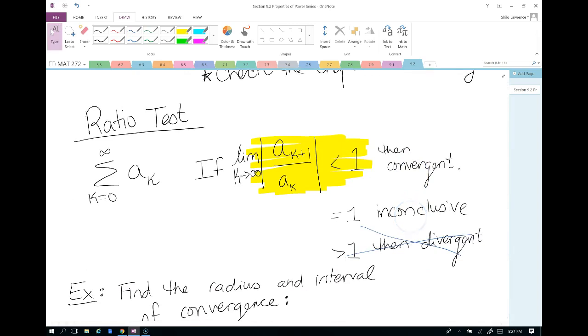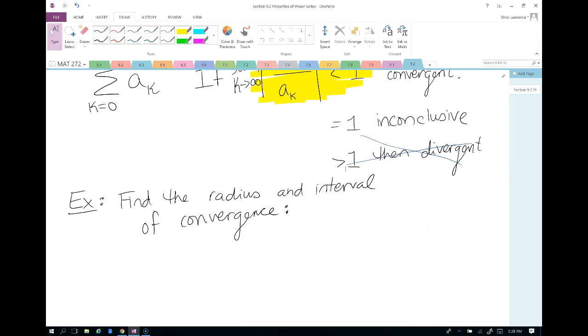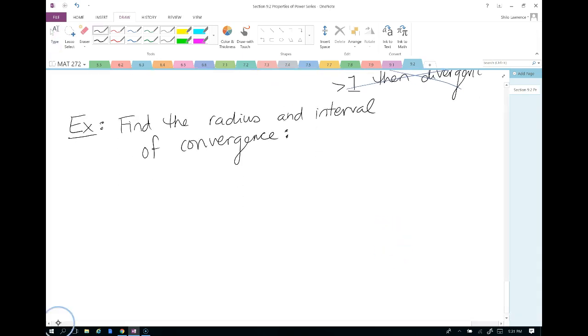We need to check those endpoints individually to see if we're allowed to use them or not. Inconclusive doesn't mean convergent or divergent. It just means this test can't tell us. So we need to check those endpoints separately. And we do that just by plugging in the values that we get on the endpoints and seeing what kind of series we get. But we'll go through an example with that.